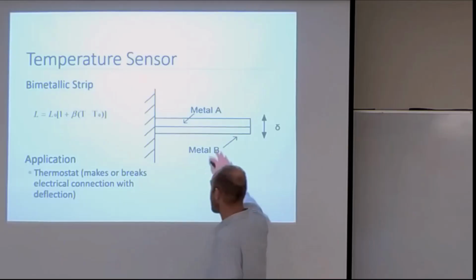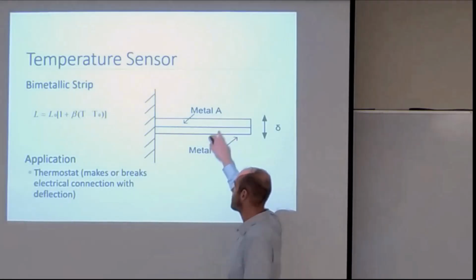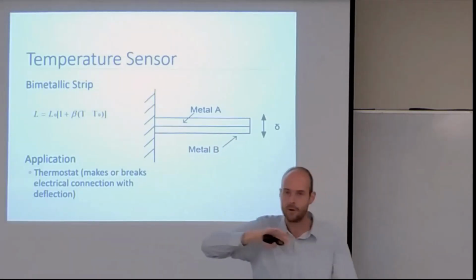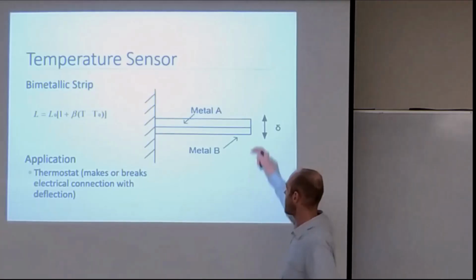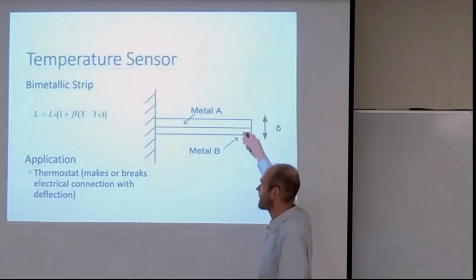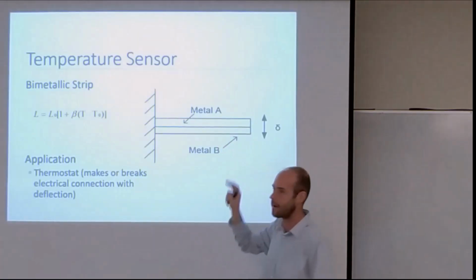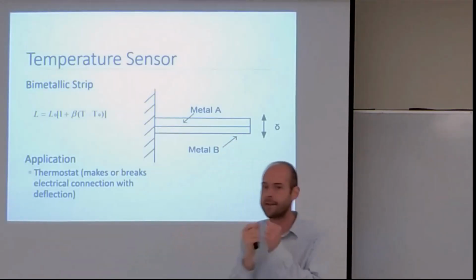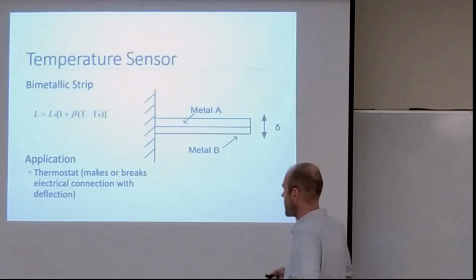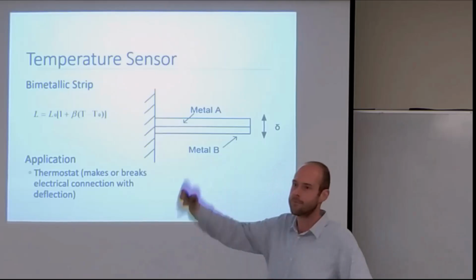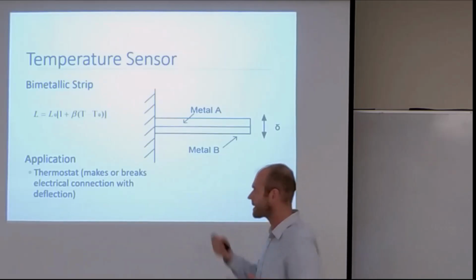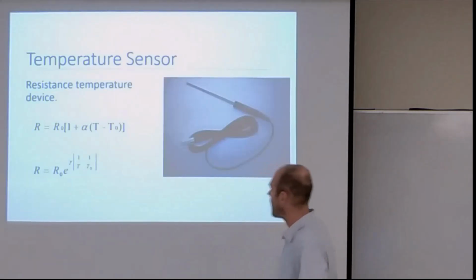Here's a bimetallic strip, where you might have two pieces of material that expand at different rates. As the temperature changes, this metallic strip would physically curve up or curve down. It also has some electrical changes as the strain between those materials changes. So you're converting mechanical responses into electrical elements.